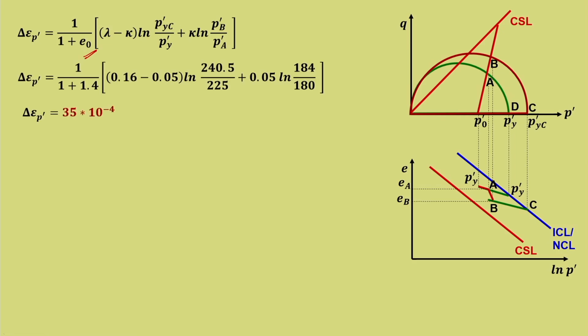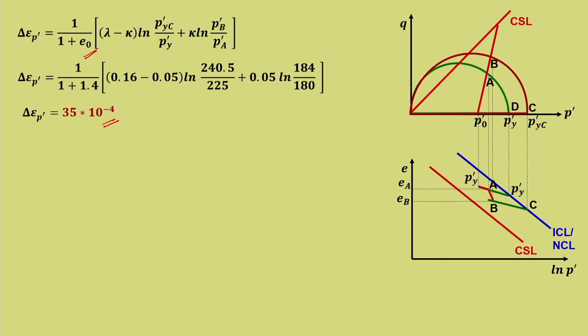Once we substitute, we will get delta epsilon p dash equal to 35 into 10 raised to minus 4. Please remember, this is the total volumetric strain when the effective stress path moves from A to B, and this is inclusive of both elastic and plastic strain, only for that incremental portion.